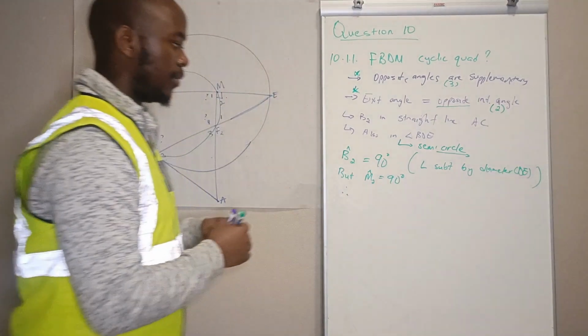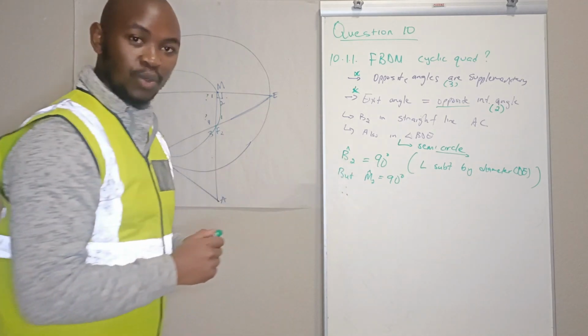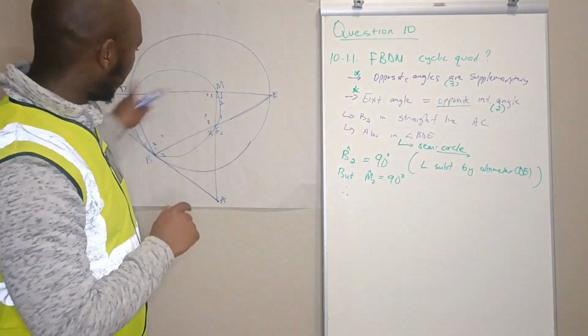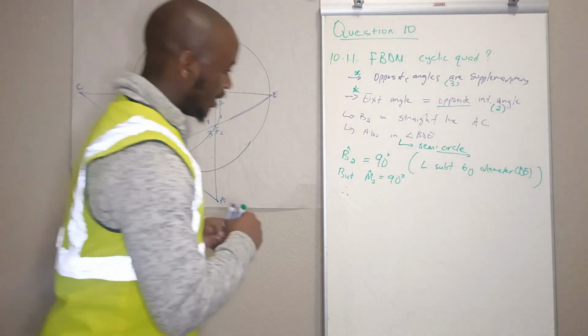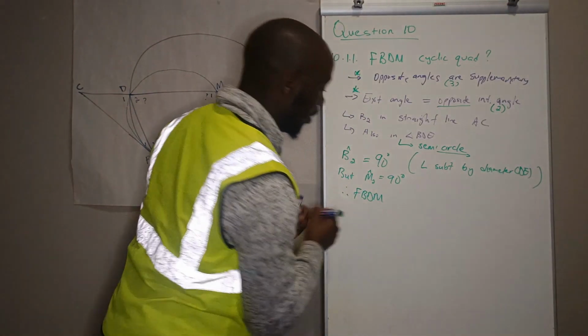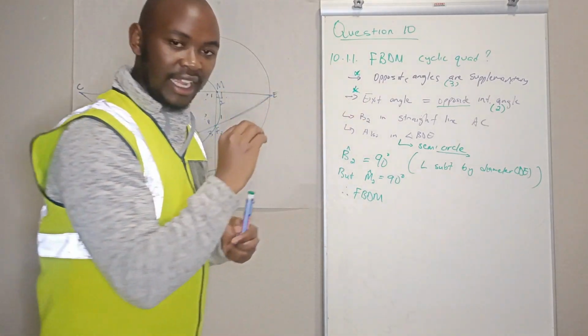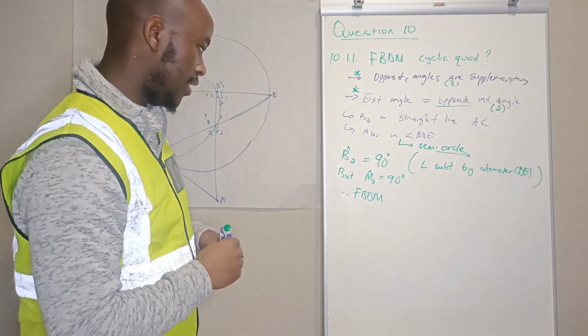Therefore, because M2 is equal to B2, it therefore means that this indeed is a cyclic quad. Therefore, FBDM, we have just satisfied this second rule, that the exterior angle is equal to the opposite interior angle.